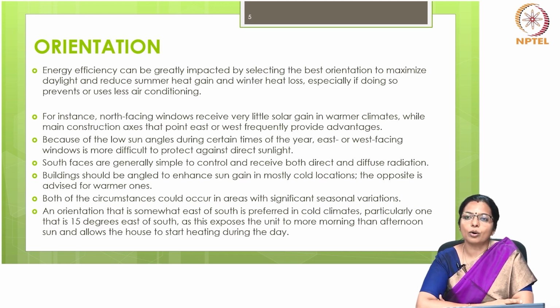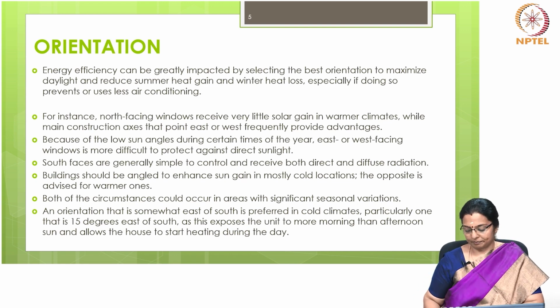The building form determines the volume of space inside a building that needs to be heated or cooled. Thus, the more compact the shape, the less wasteful it is in gaining or losing heat.